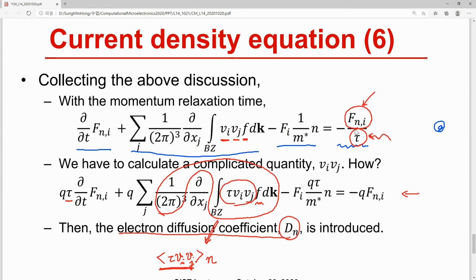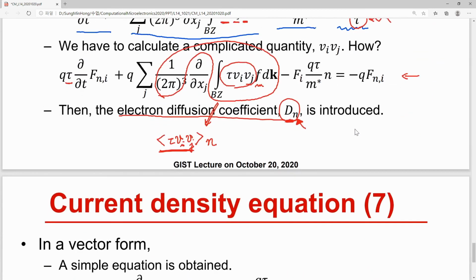You know that this is really difficult to evaluate, but we just say that, okay, we have no idea about this quantity, and we will call it a new quantity called the diffusion coefficient. So that's it. Of course, all kinds of important information is still hidden in d sub n, and we will try to find a good way to model d sub n. That is the usual trick we do.